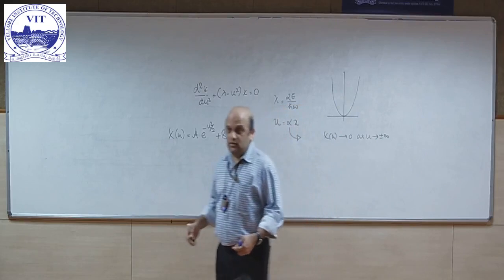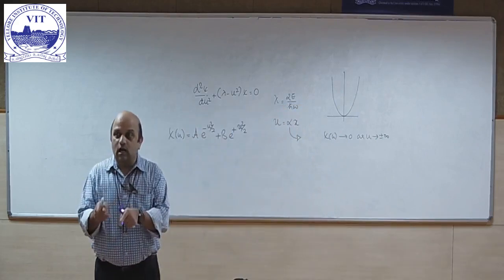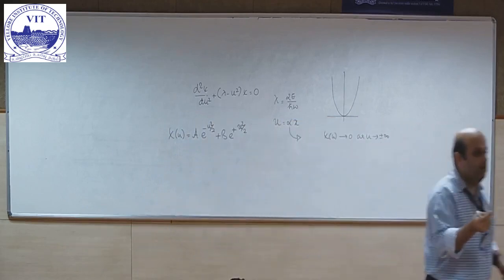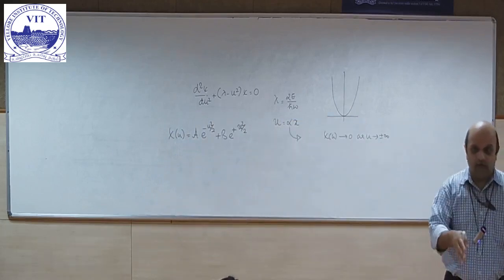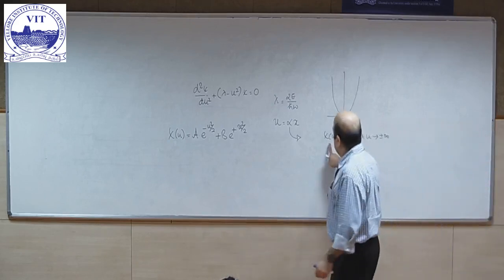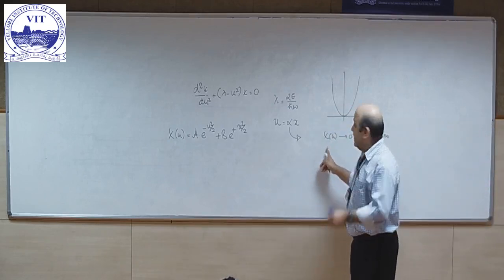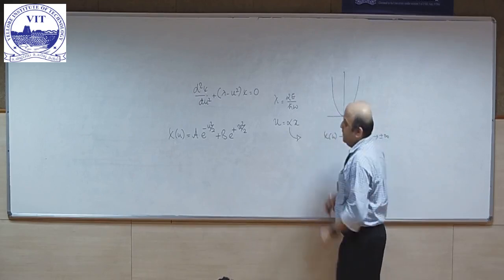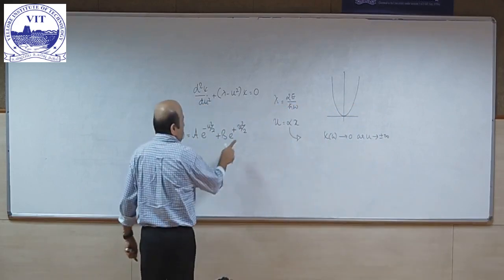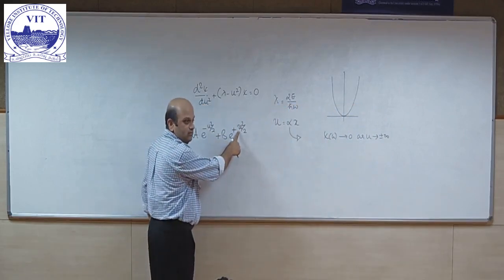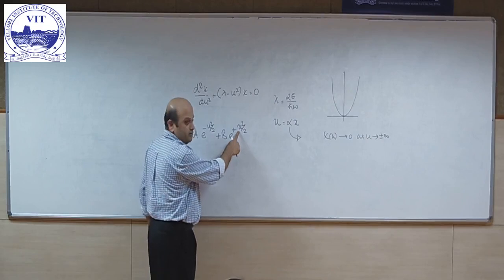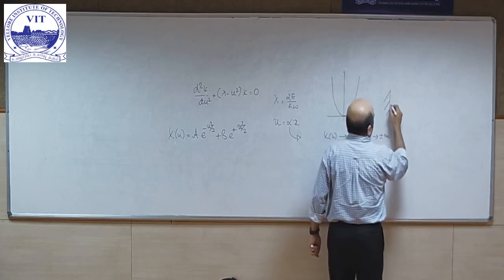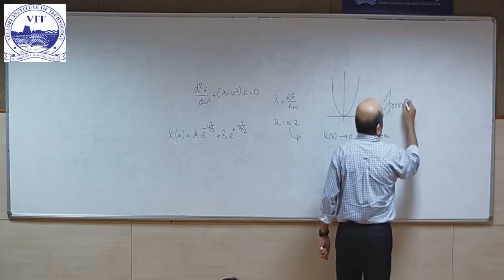This is our assumption, that you have a system which is allowed to oscillate about its equilibrium position. However large an amplitude I consider, it is still local. So this function should be non-zero only at very small values of u or x. What happens if you increase the amplitude? Your system has a spring loaded with a mass.